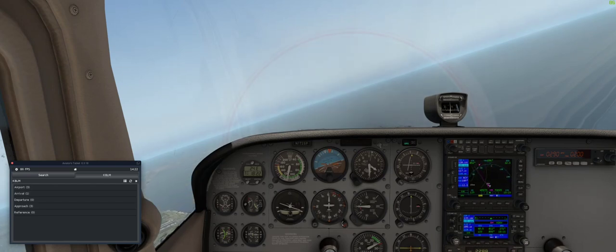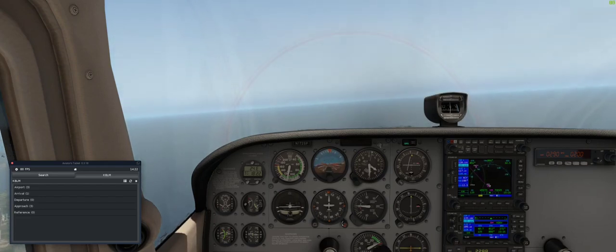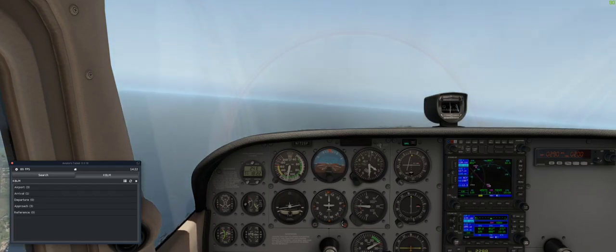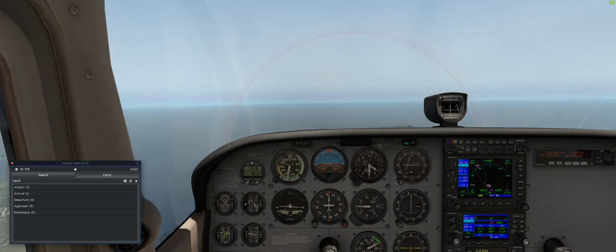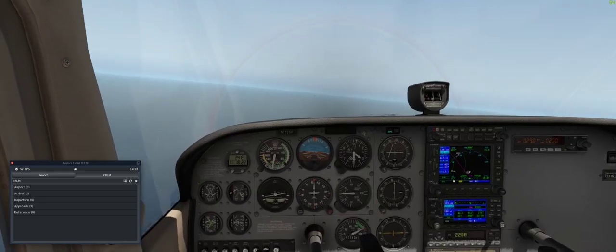Alright, we'll fly at 100 for a little bit. And now with this set not at the proper place, I'm going to go out of heading mode and go back into nav GPSS mode.